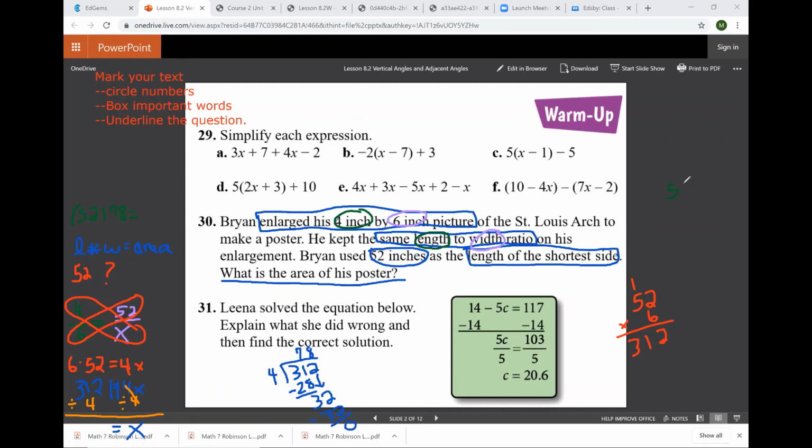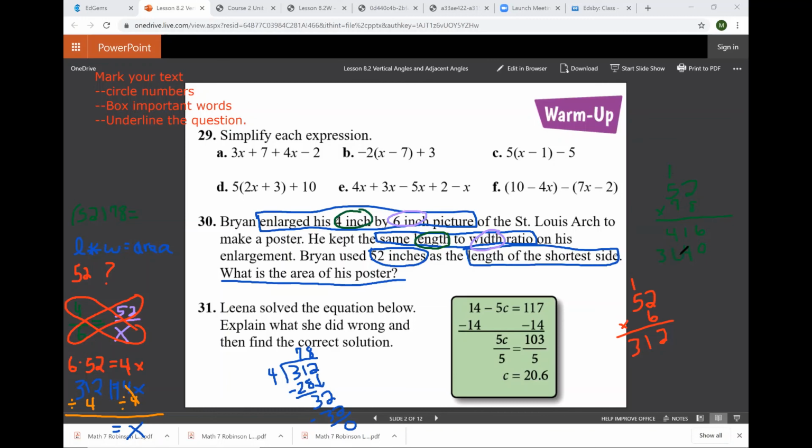You can use a calculator, or you can do it on the side like I'm doing. 8 times 2 is 16, carry the 1. 8 times 5 is 40, plus 1 is 41. 7 times 2 is, and I have to bring down the 0 as a placeholder, because I was in the ones place. Now I'm in the tens place, so I need to bring down that 0. So 7 times 2 is 14, carry the 1. 7 times 5 is 35, plus 1 is 36.